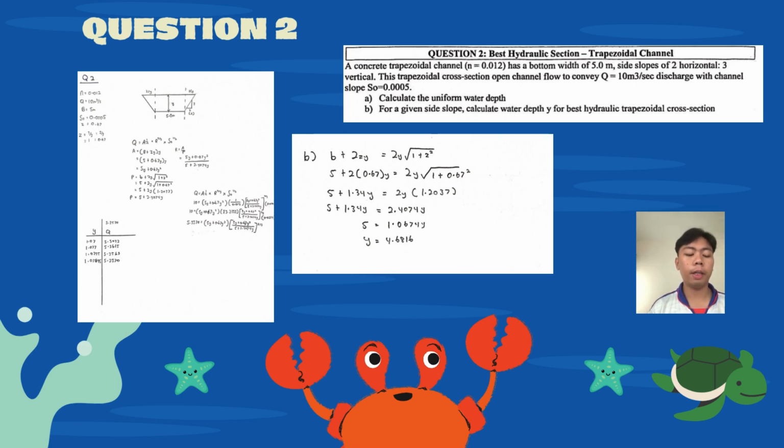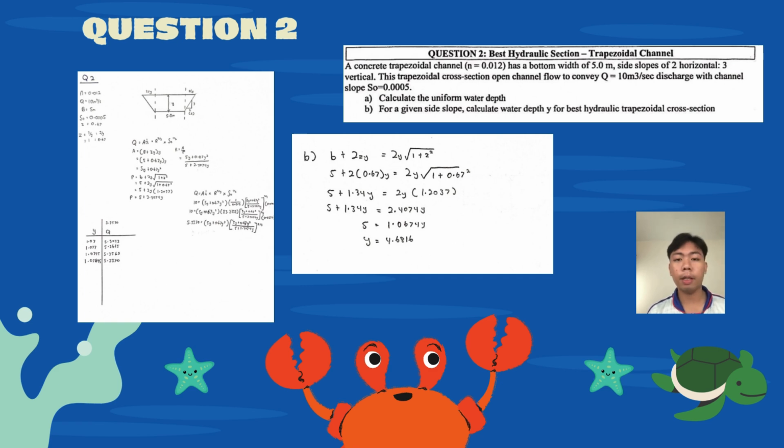After that we must find the area, which is b open bracket b plus zy close bracket times y. So we get A is 5y plus 0.67y square.